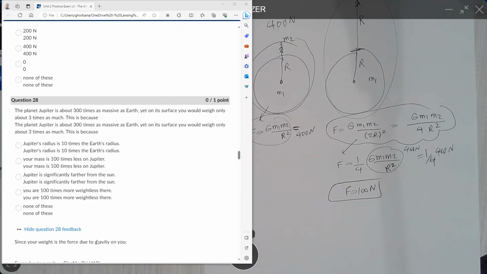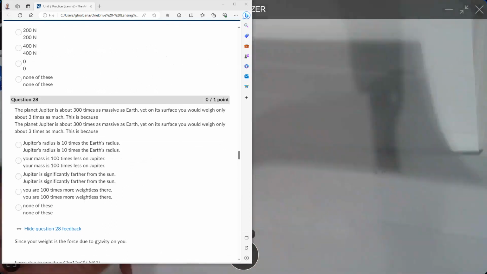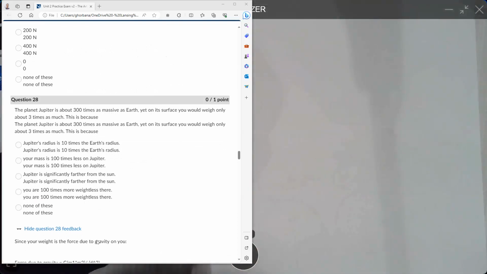28. The planet Jupiter is about 300 times as massive as Earth.